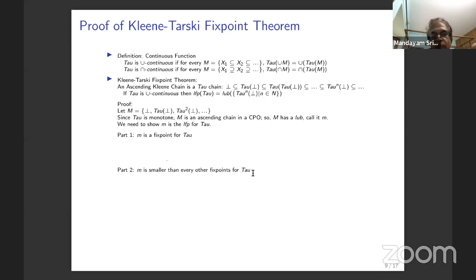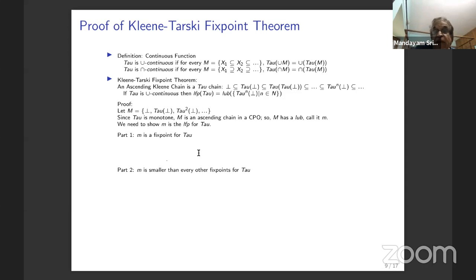This is what the earlier comment, I don't know who made it, was about. When you do it with ascending and descending chains, you can have this proof. Tarski's theorem was in terms of sets of prefix points and postfix points, and therefore the proof of that is slightly different.